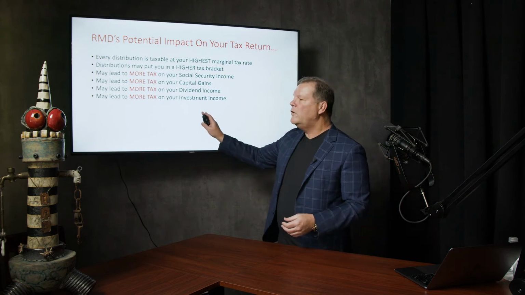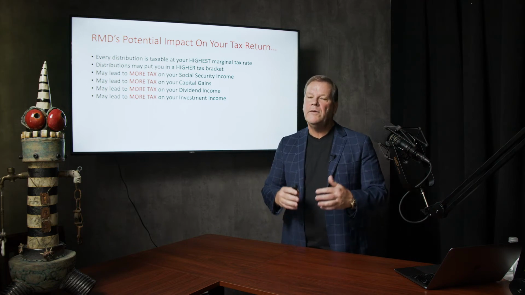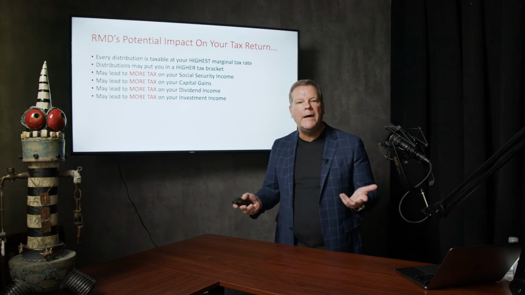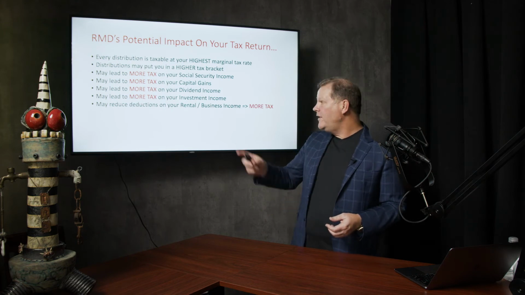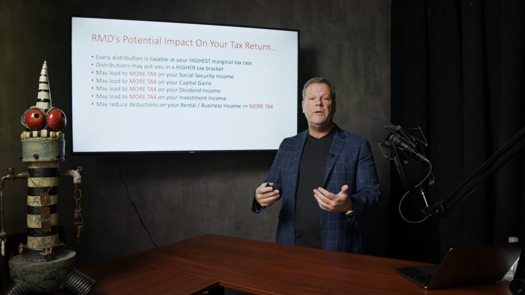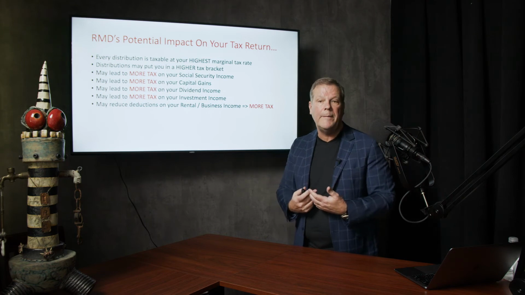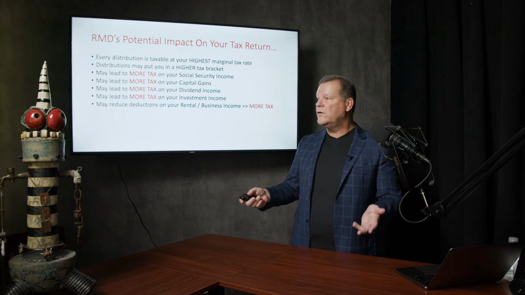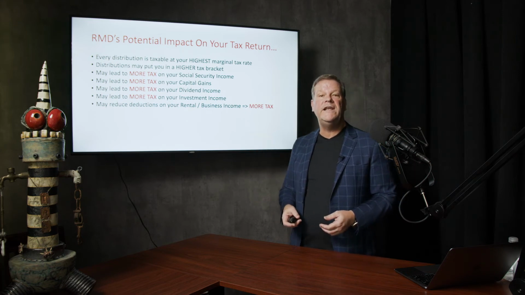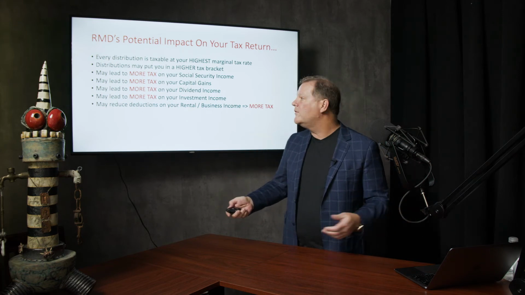Now, notice it says may. It really depends on your situation. Everybody's different. I've seen this happen where required distributions or just distributions from retirement accounts have led to reduced deductions on rental income or business income, which leads to what? More tax.